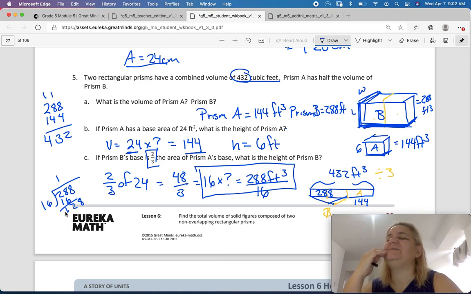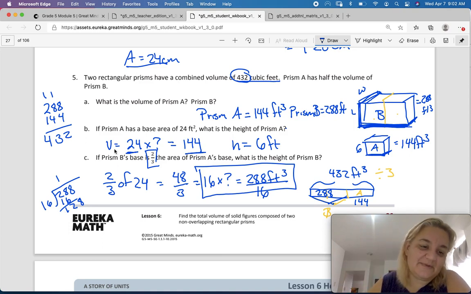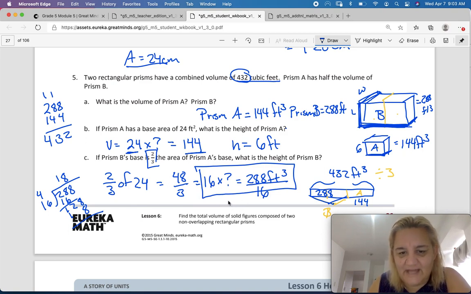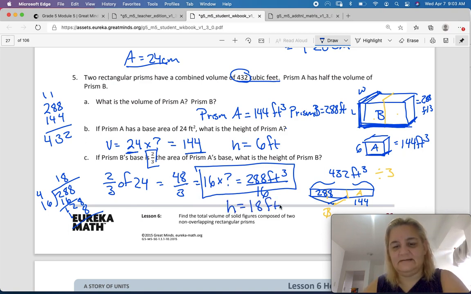Let's see, 1, 2, 3, 4, 5, 6, 7, 8 times, I'm going to guess. 8 times 6 is 48. Carry the 4. 8 times 1 is 8 plus 4 is 12. Yay, that was a good guess. 18. So the height equals 18 feet. This one was complicated. This one was a lot of thinking. And I feel like we're going to need to practice this a lot, okay?